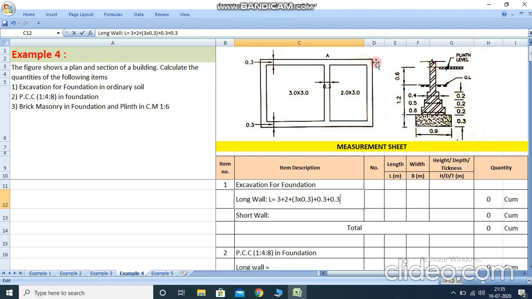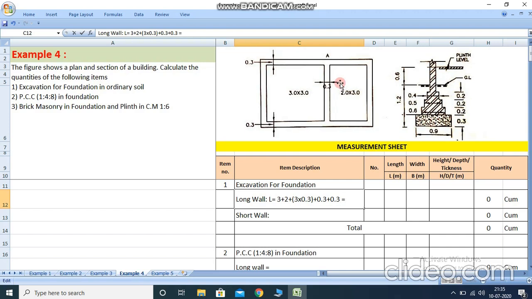For a step footing, we excavate 0.3 extra on the periphery side of the wall. So on all sides of the wall we excavate 0.3 meter extra, and the same on the inner side, we excavate 0.3 meter extra. So the total width of the excavation is 0.9 meter: 0.3 is already included in the wall and 0.3 on both sides of the wall. So the total excavation is 0.9 meter, clear.